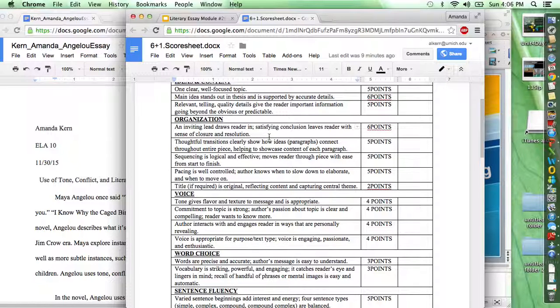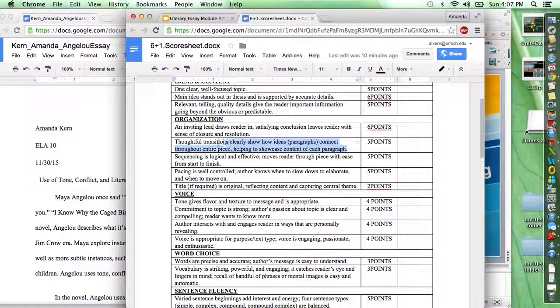If you take a look at the person's essay, you should be able to very clearly identify an introduction, which you can grade using this first category here, and a conclusion, which is the very last part of the essay. And if you went over those modules with me, then you know that the very end of the essay needs to tie into the very beginning of the essay to give some closure.